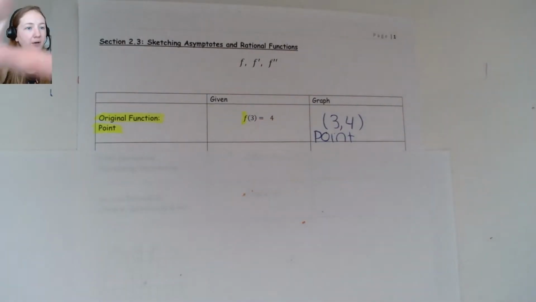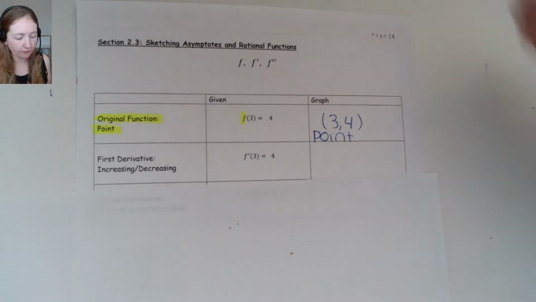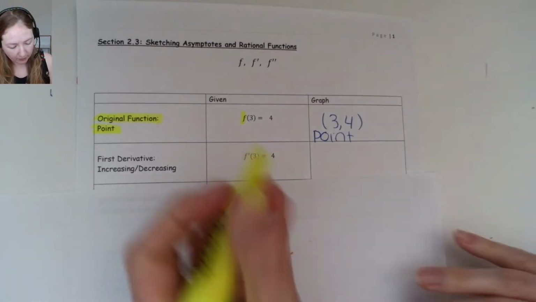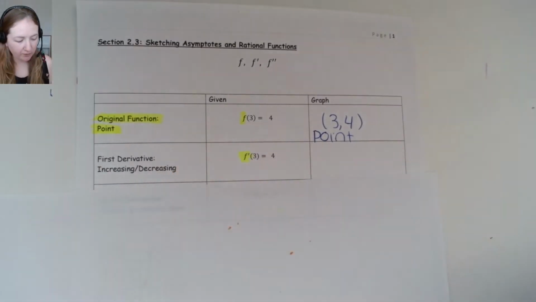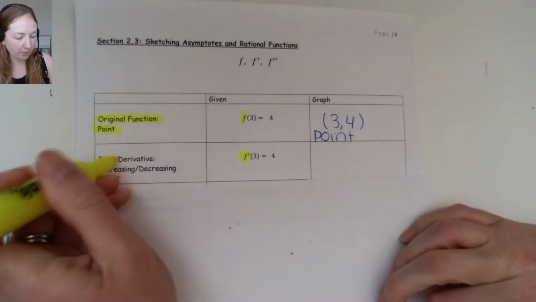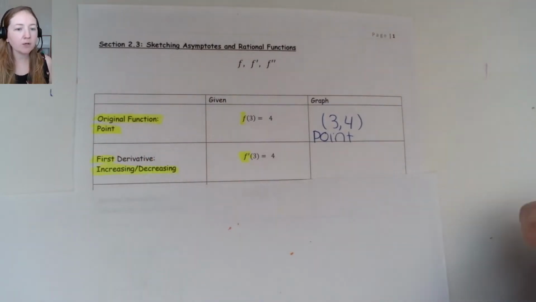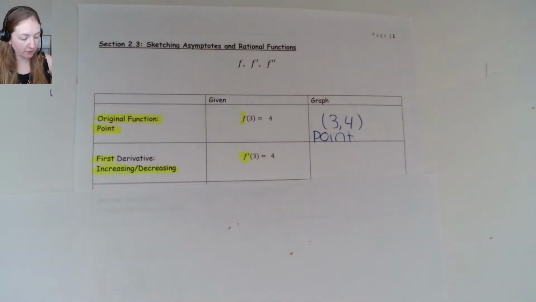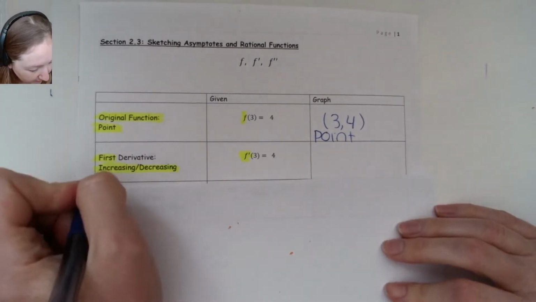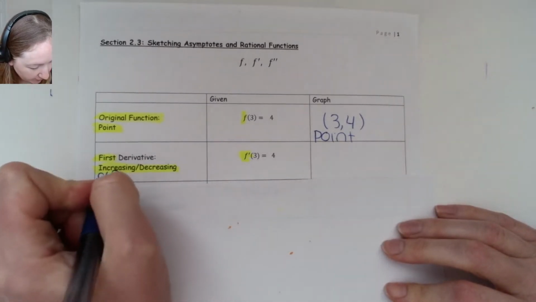Now, in comparison, when you take a look at the first derivative, remember that the first derivative tells us information about where the function is increasing or decreasing. So if the first derivative is positive, then that is going to tell us that it's increasing.